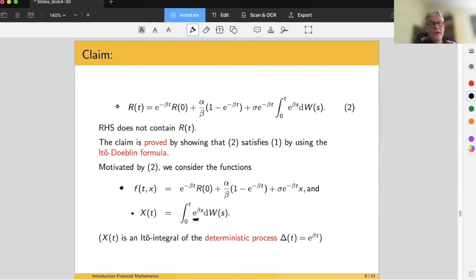We want to show that 2 is indeed the solution of 1. Therefore, we write equation 2 in the form that we can use Ito-Doeblin's formula. We have an f, which depends on t and x, motivated by 2, written as follows. And now we will use the Ito-Doeblin formula. So we need the first derivative and the second derivative with respect to the space variable x, and the first derivative with respect to the time variable t.